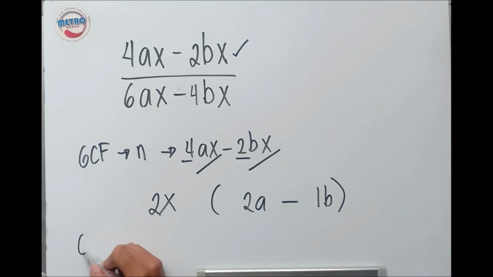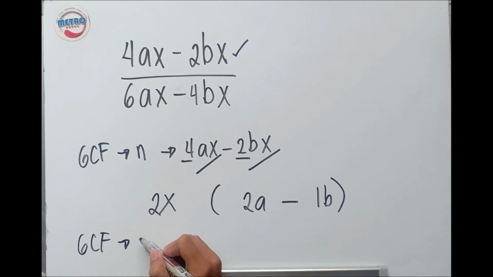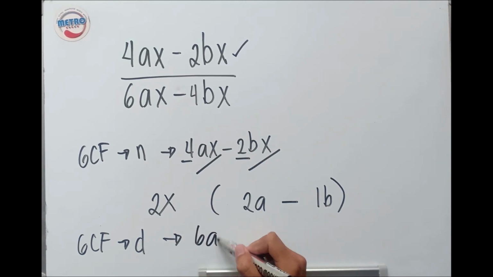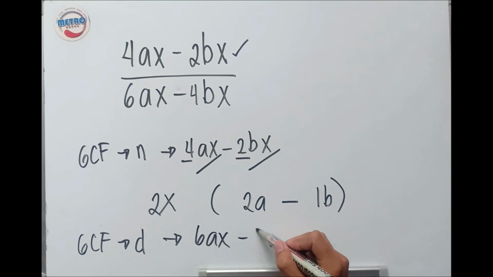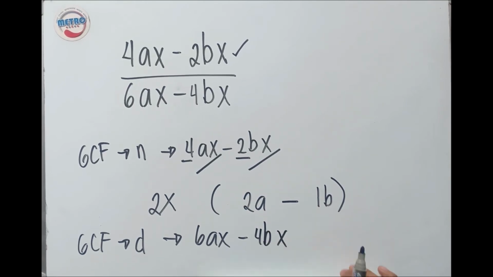Now, let's find the greatest common factor of our denominator. Our denominator is 6ax minus 4bx. 6 and 4 have a greatest common factor of 2. 6 divided by 2 is 3, and 4 divided by 2 is 2. ax and bx have a greatest common factor of x.